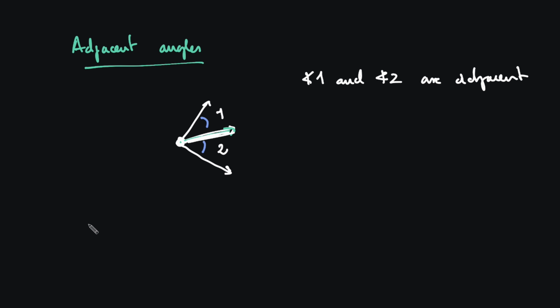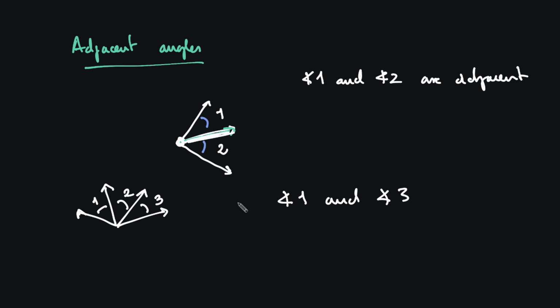What about this? What if I have this? Let's call this angle 1, this angle 2, and this angle 3. Are angle 1 and angle 3 adjacent?